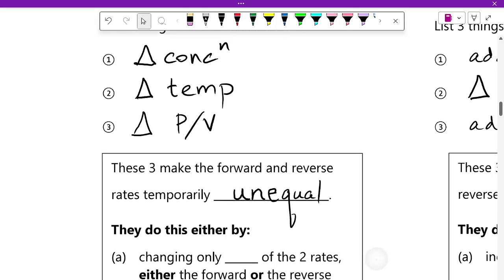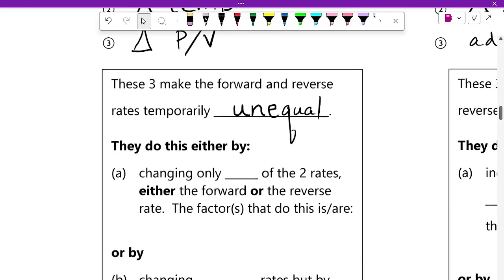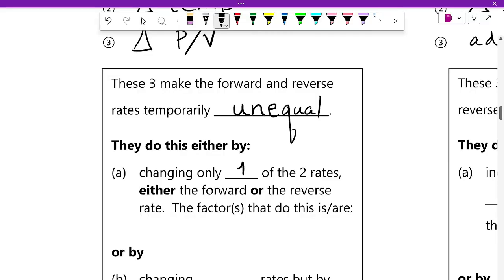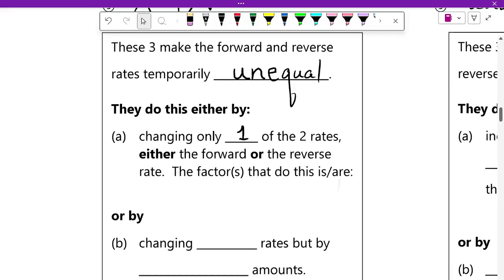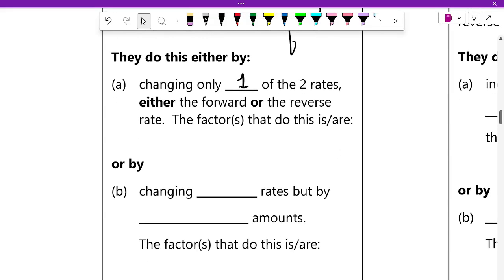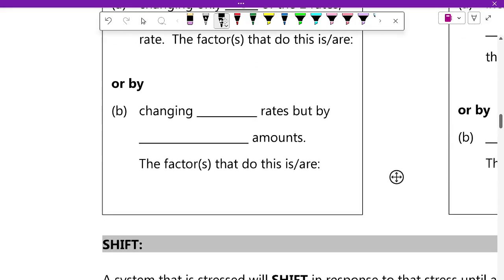And they can either do this by changing only one of the two rates. That's what happened when we added the NO2. We only changed the forward rate. Or perhaps you change both rates, but by different amounts.